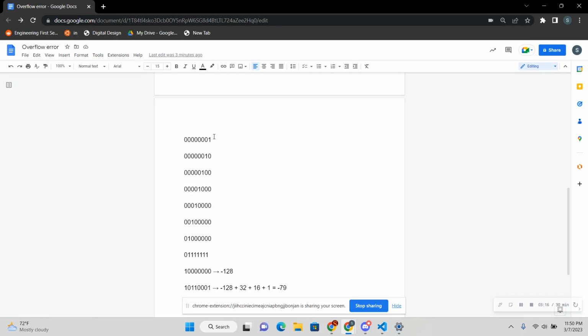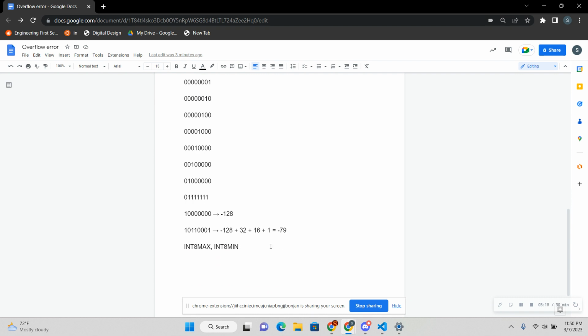That's why when we did our int product in the debugging lab, if we look at 8 bits, let's say, for example, 79 plus 79 is obviously over the value of 128.